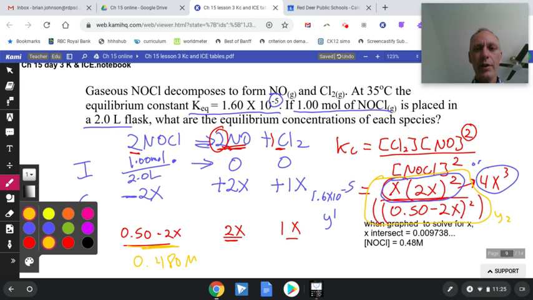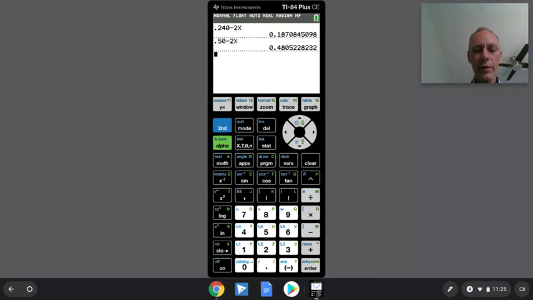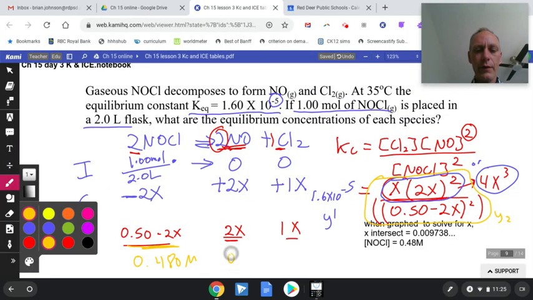Okay, and this is 2 times x for my next one. 2x is 0.0194. And my last one is just x, 0.00973. These are all concentrations, moles per liter. So there are my 3 equilibrium concentrations. Boom. Got it. Okay, how you doing?